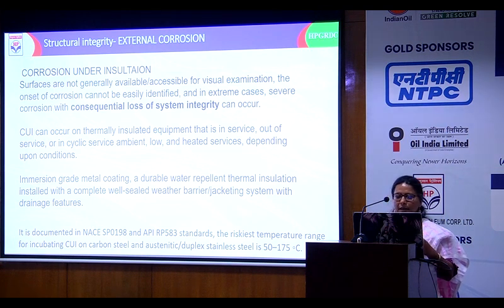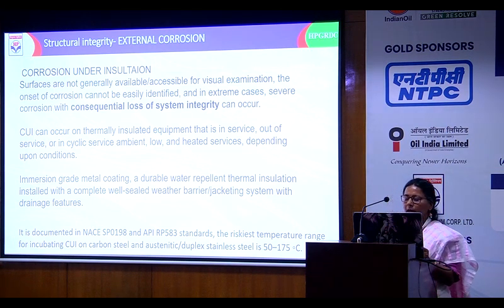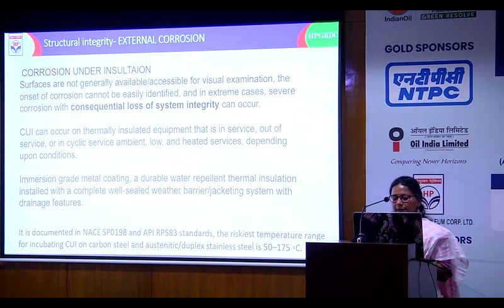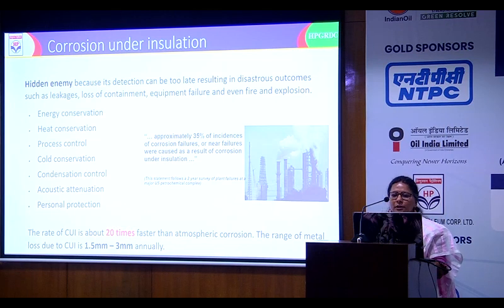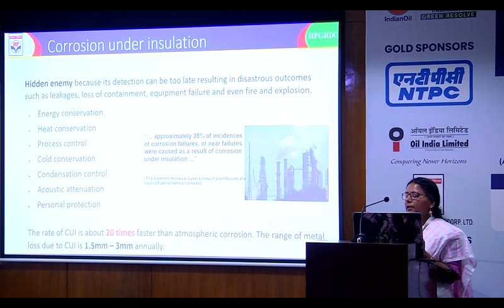There are guidelines present, and even the API RP 583 standard is available. It is found that most of the corrosion will occur in the range of 50 to 175 degrees, and mostly when it is cyclic, it will lead to CUI. So corrosion under insulation, as I explained, is a hidden enemy, and it's too late when the disasters happen.